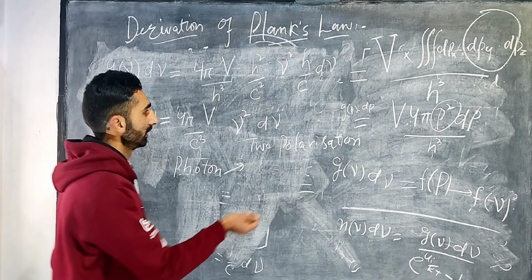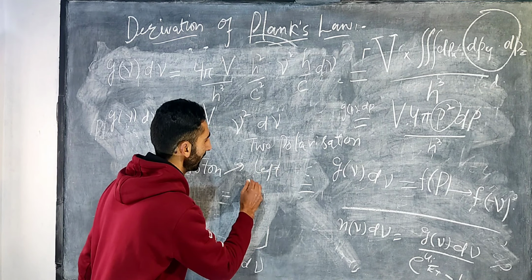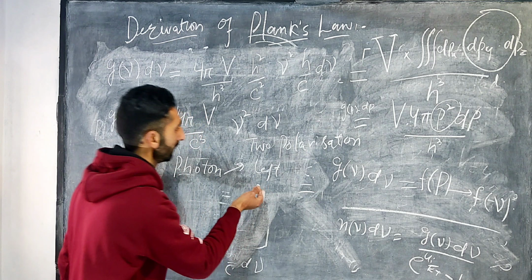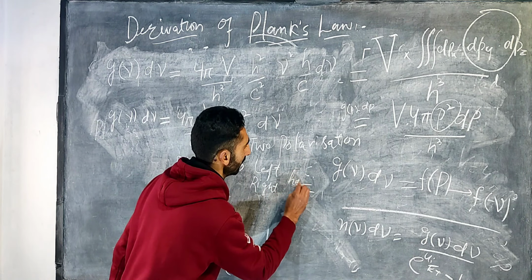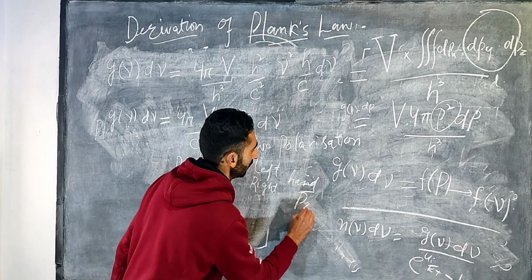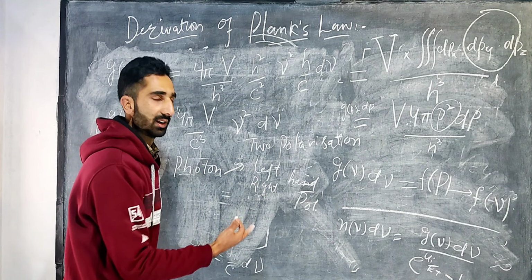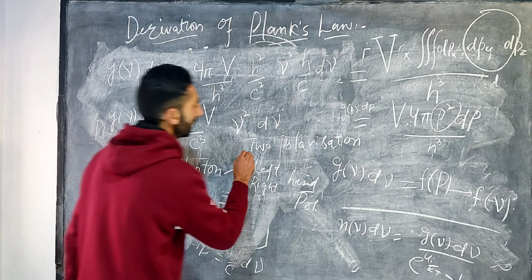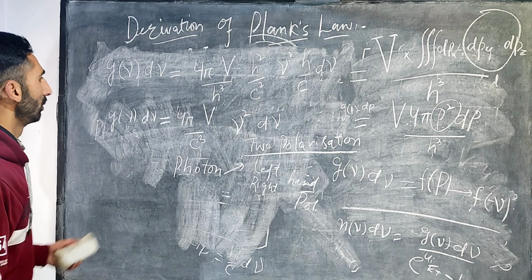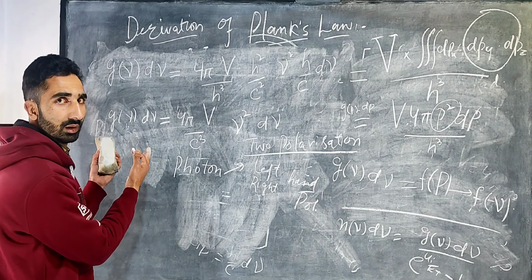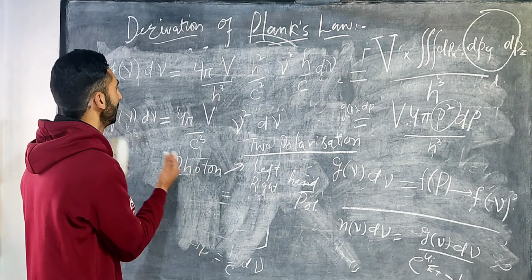With a photon, there is the affiliation of two polarizations, that is left-handed and right-handed polarizations. Either the photon is left-hand polarized or right-hand polarized. So there is always an affiliation of two polarizations with a photon. So the number of phase space cells is always twice the number of photons.